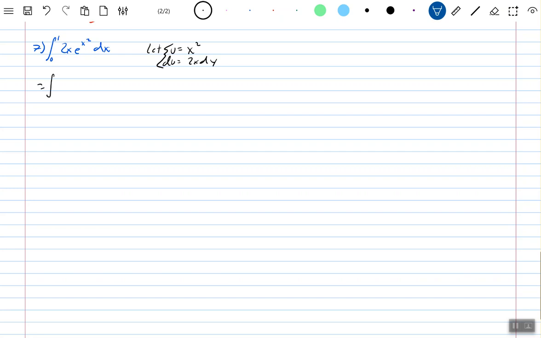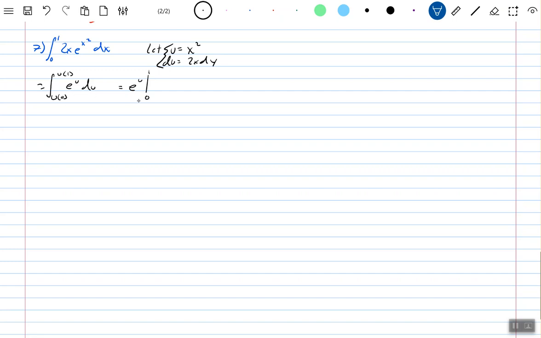So this integral is the integral from u of 0 to u of 1 of e to the u du. Well, now this is just equal to e to the u from u of 0, which is just 0, to u of 1, which is just 1. All right?